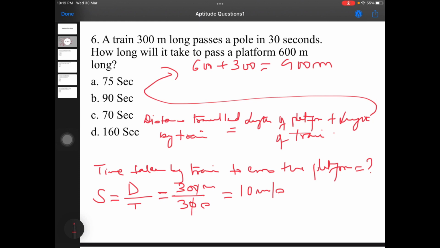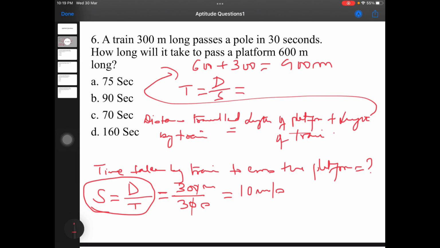So now we know the distance, and from this formula we can derive the formula for time. The formula for time will be distance divided by speed.